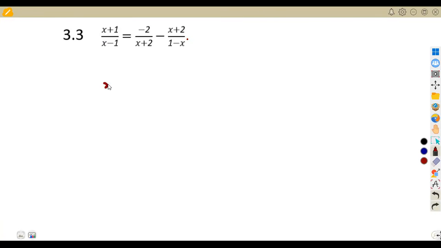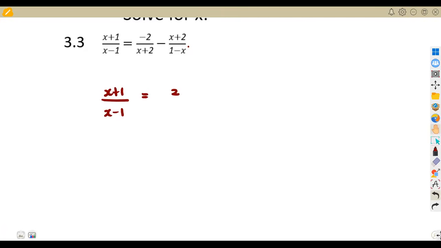So how do we do that? This is x plus 1 over x minus 1 is equal to negative 2 over x plus 2, then this is minus x plus 2. On this 1 minus x, we are going to write it as minus x plus 1.